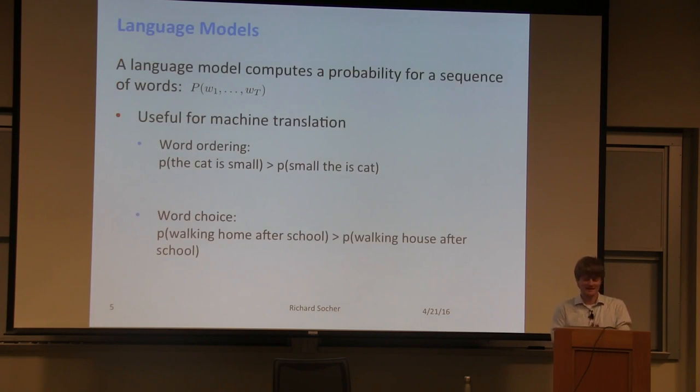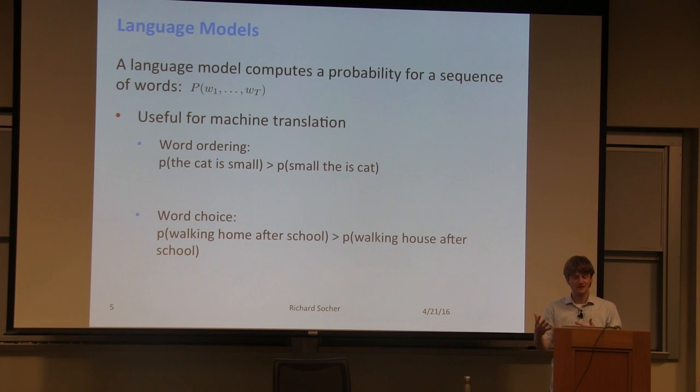Cool. Then let's talk a little bit about language models. We kind of breezed through that at the end of last week's lecture. So main recap, we want to compute the probability for a sequence. And I mentioned that this will be useful, but here are a couple of real examples. Let's say you have a machine translation model, and the machine translation model comes from French, for instance, where sometimes adjectives are in front of nouns and sometimes they're behind nouns.